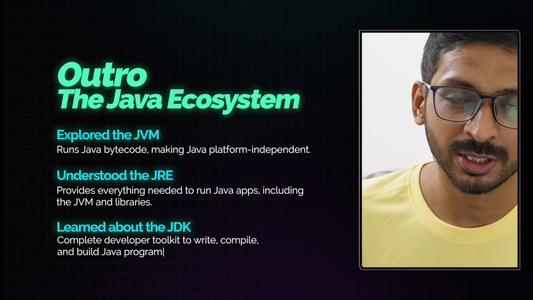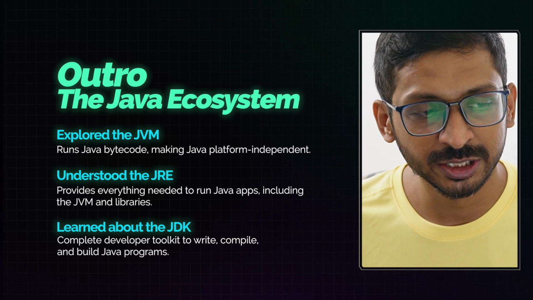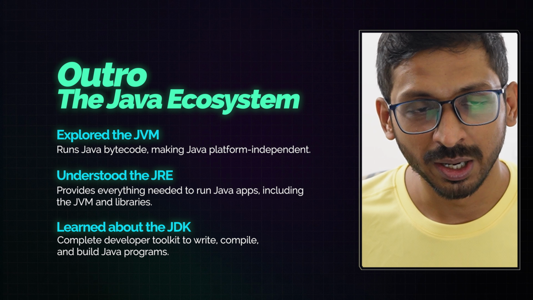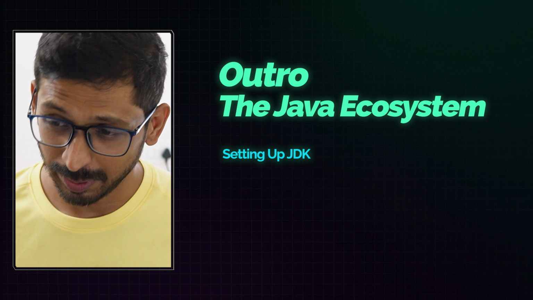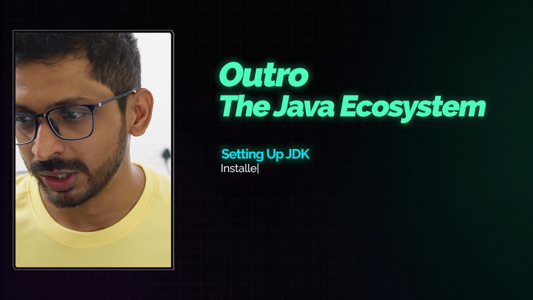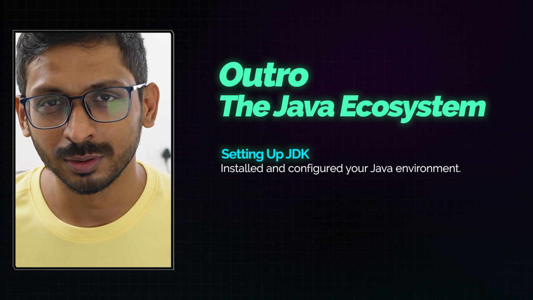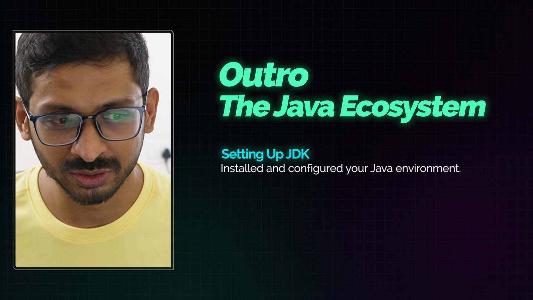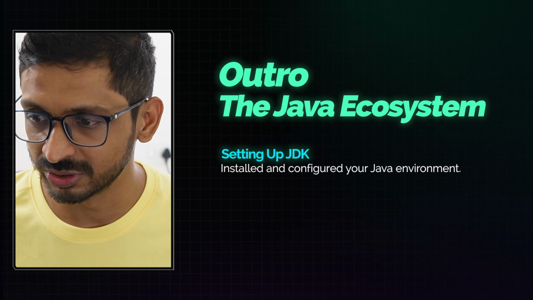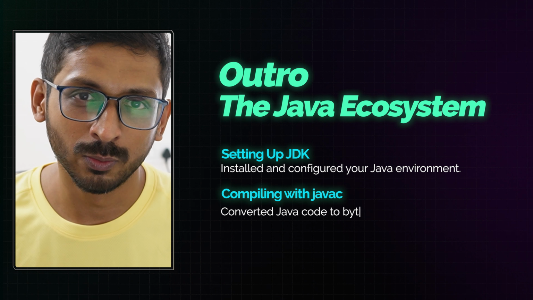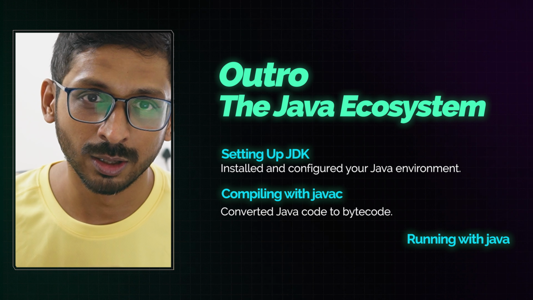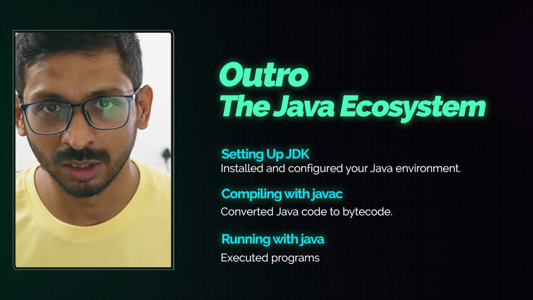This is the complete set of tools which a developer needs to write, compile, run and package Java applications. And as a practical guide, we went through the process of installing JDK on our system, in this case Windows operating system. And then we wrote a simple Java program and went through the process of how Java compilation works and how to run that compiled Java program.